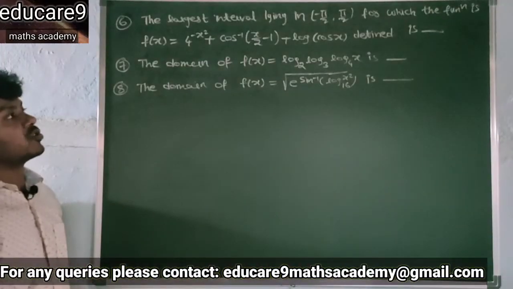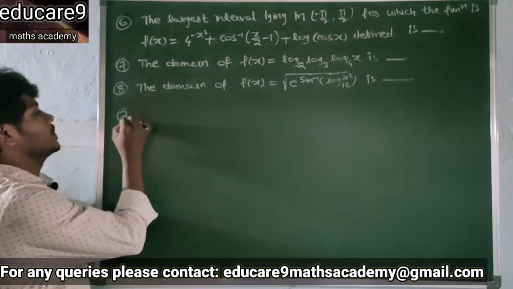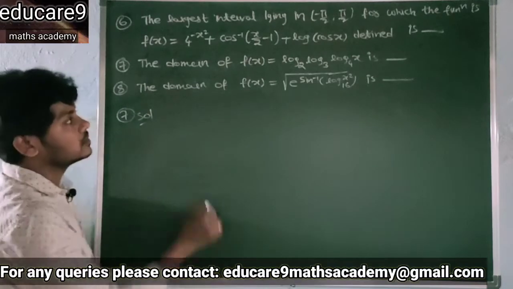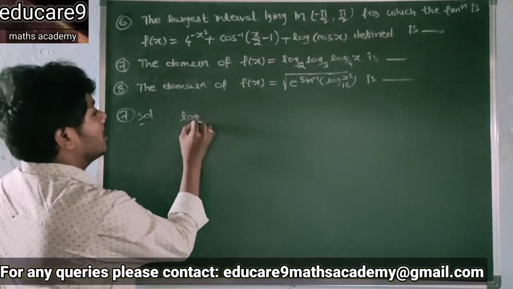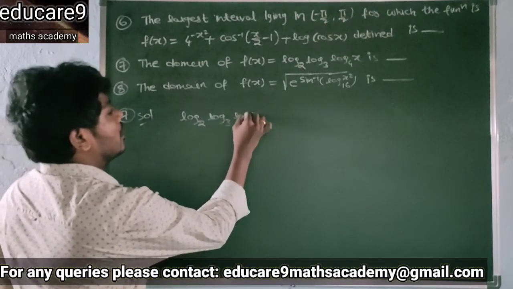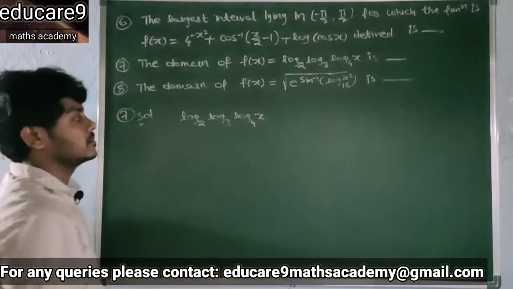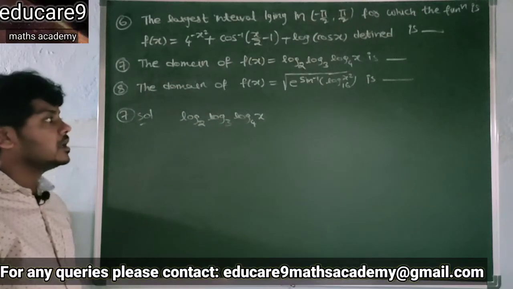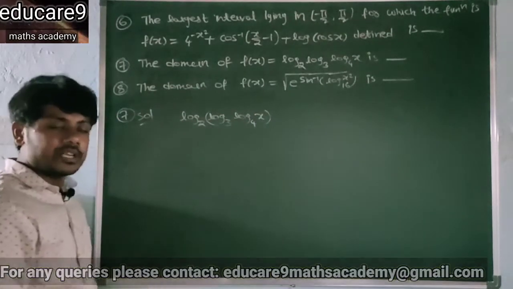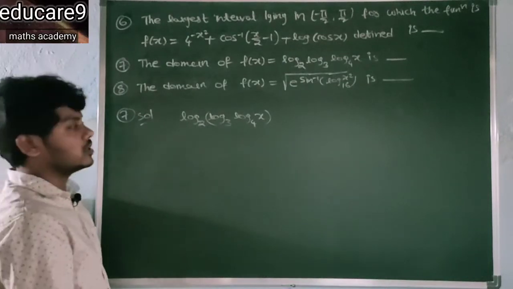Next, see the 7th question. Find the domain of the function. See here, log 2 of log 3 of log 4 of x. Now it is in the form of log f(x), so clearly f(x) is greater than 0.